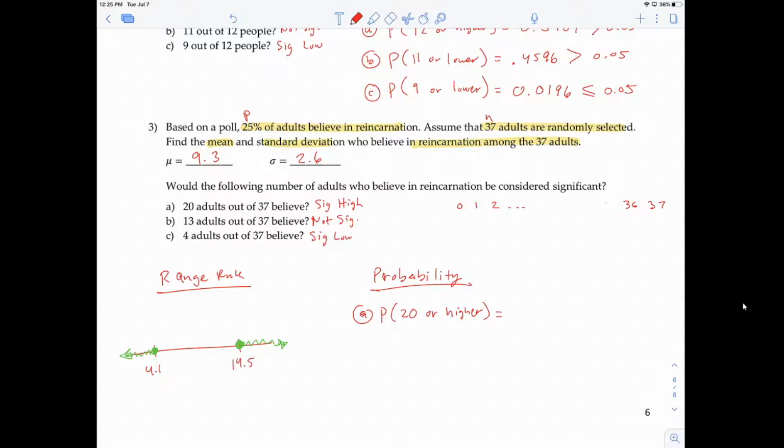So 20 is somewhere here, and 20 or higher means 20 and above. Given that this is binomial, we can use either binom PDF or binom CDF. We're not going to use PDF because binom PDF is for a situation where we're looking at the probability of exactly 20 or exactly 1, but that's not the case in this problem. We're looking at 20 or higher. So we're going to use binom CDF.